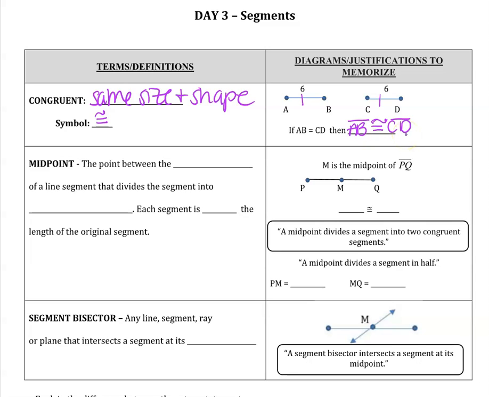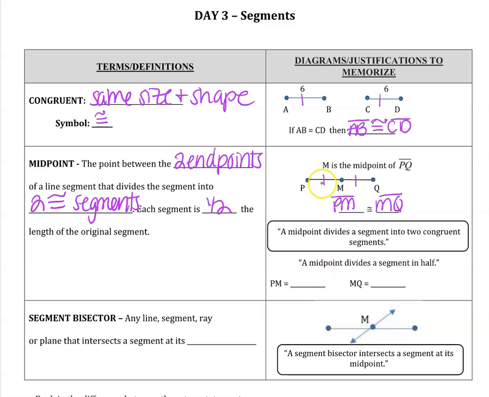A midpoint is a point between the two endpoints of a line segment that divides a segment into two congruent segments. Each segment will then be equal to half of the original length. So if we know M is the midpoint of PQ, then I know that PM is congruent to MQ.